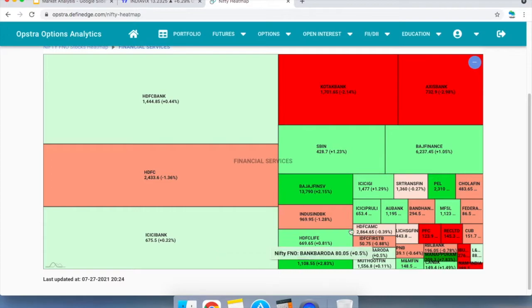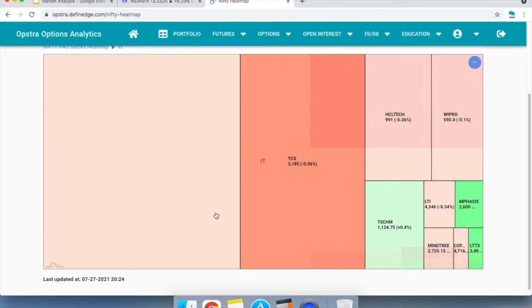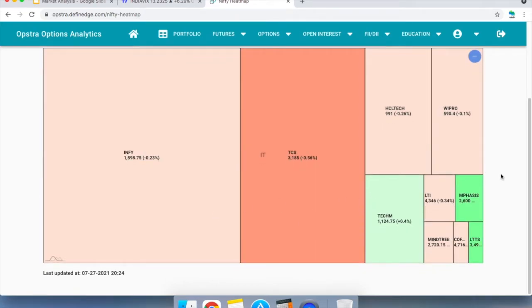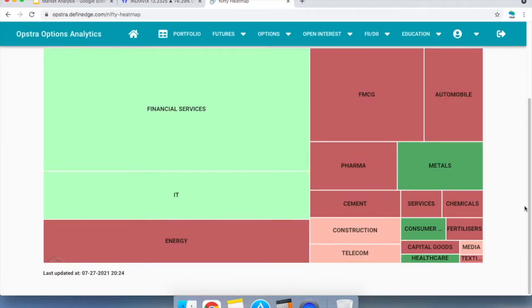But financial services, NBFCs like Bajaj Finance and life insurance, SBI Life, also seem to have done a little bit. IT, it was Mphasis only, and L&T Technology Services.